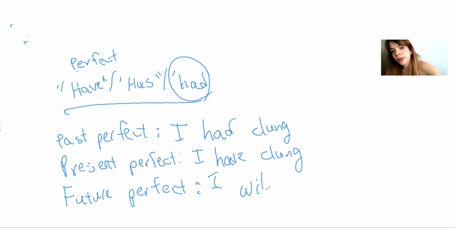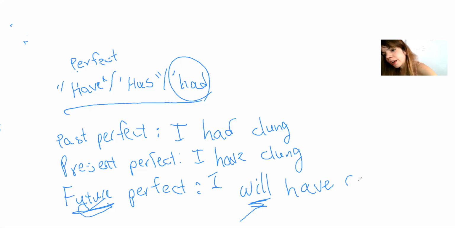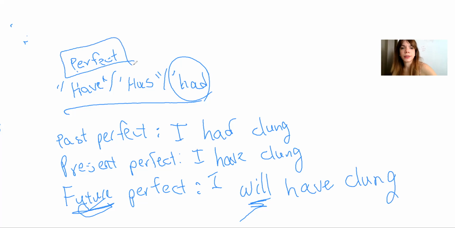Will is always there because will is a modal verb that is used to make the future tense. Okay, so that's the perfect tense.